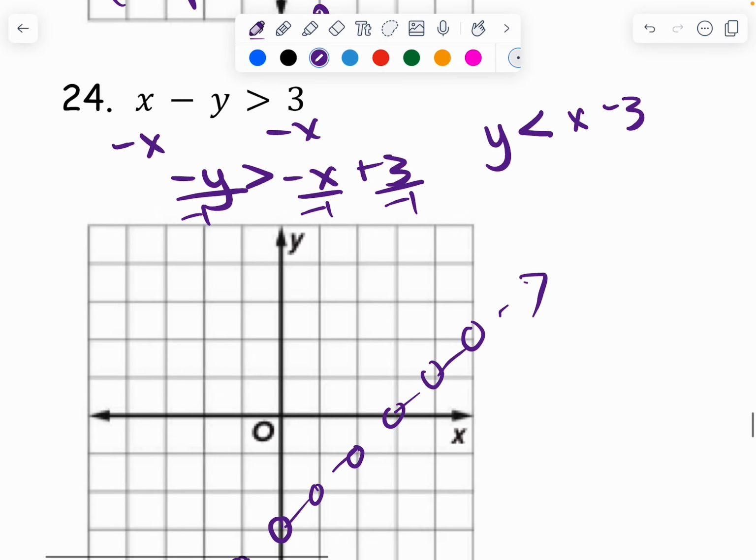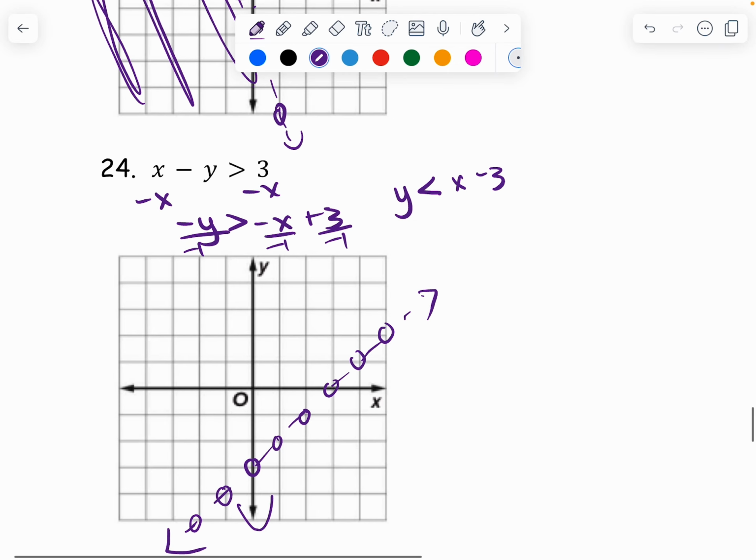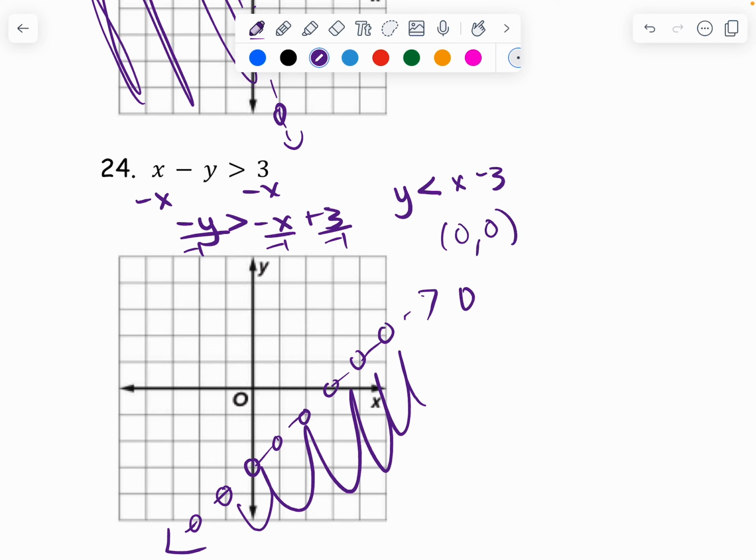It says that it is less than, so it will be down here. If I picked 0, 0, 0 is less than 0 minus 3. That is a false statement, so that point is not shaded.